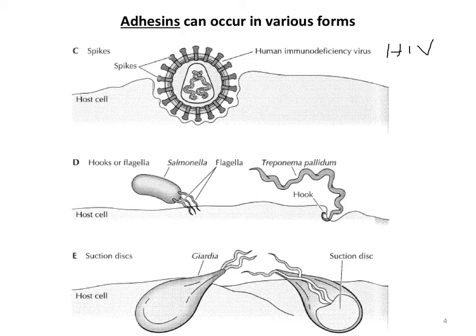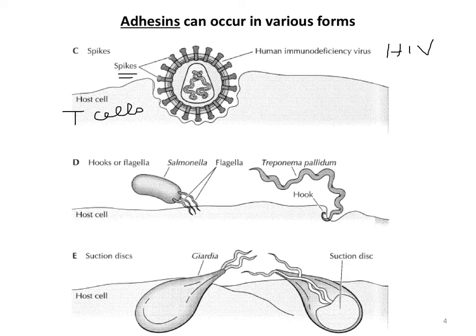It uses a category of adhesins called spikes. A lot of viruses use spikes. And those protein spikes are allowing it to recognize the T cells found in the human immune system. That's what HIV infects. The spikes allow the virus to specifically latch onto and infect those human T cells.